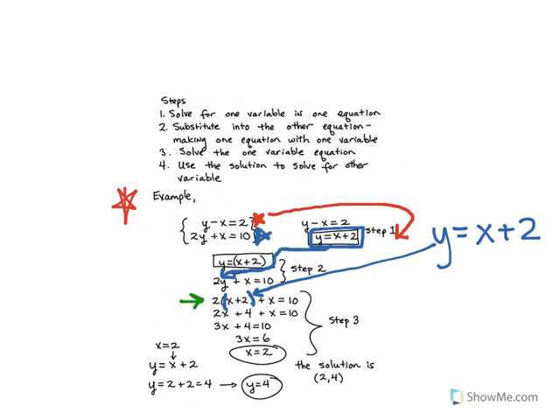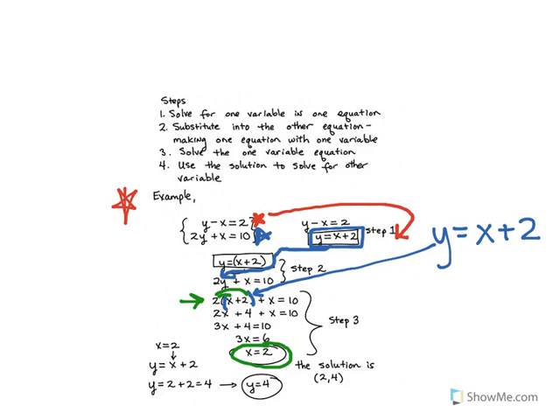Now for step 3, we can solve the one variable equation just like we would do any other equation. You would distribute this 2 to make 2x plus 4 plus x equals 10, and then you would solve for x. Once they get the answer for x, which is x equals 2, then you can solve this like any other elimination problem or systems of equation problem.